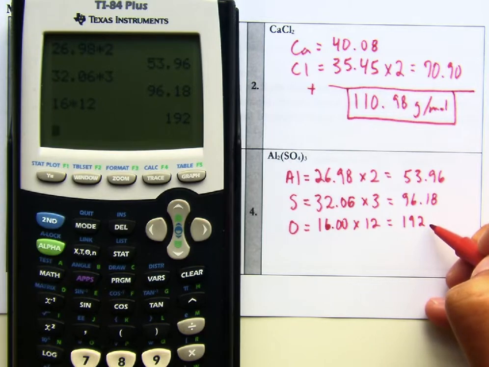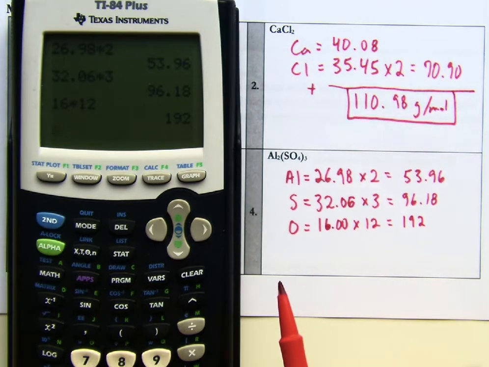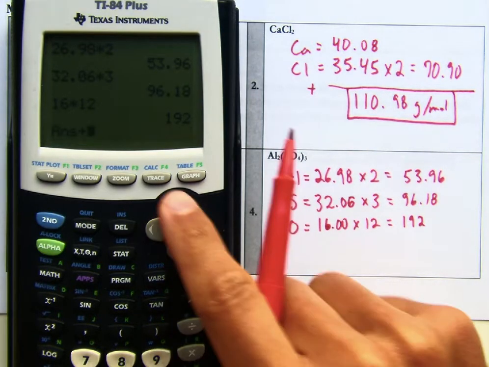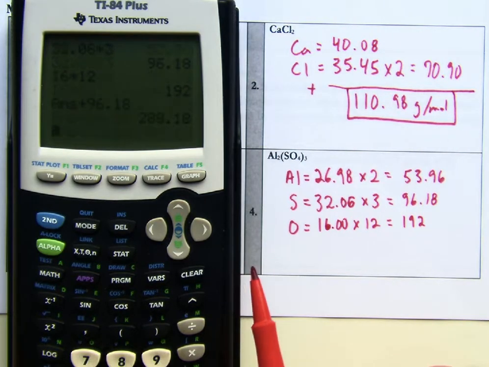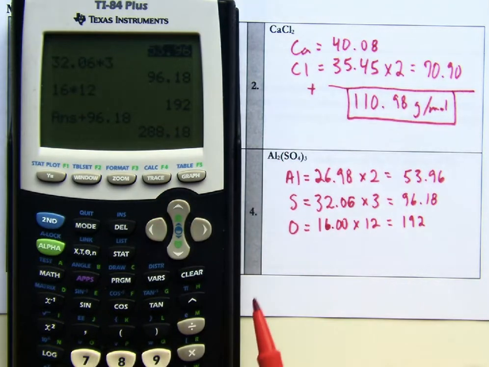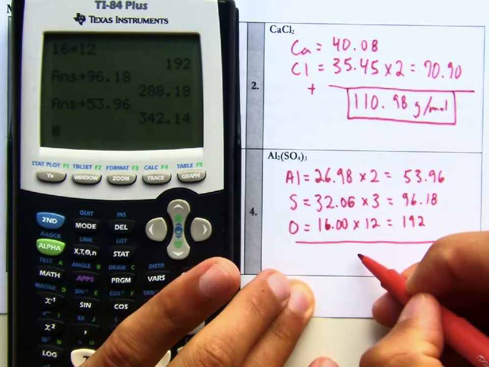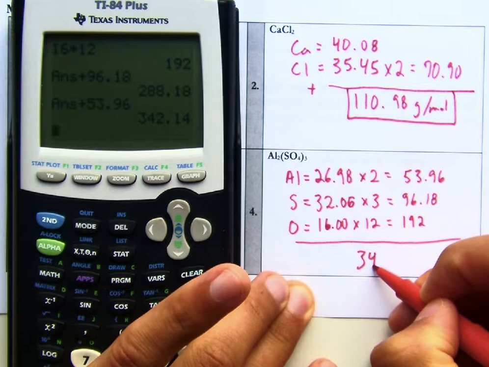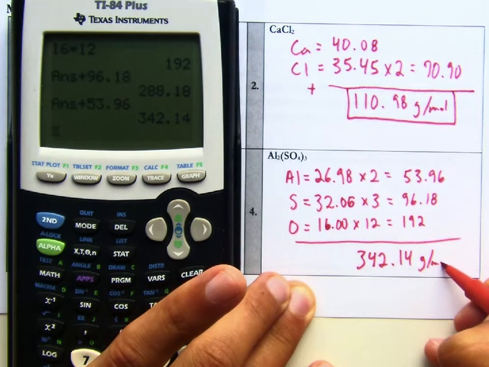Now we're going to be adding these together. So 192 plus 96.18 plus 53.96, and you get 342.14 grams per mole.